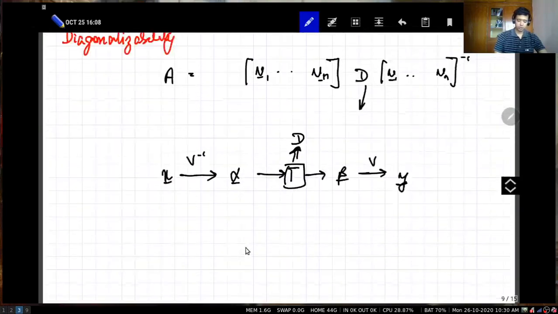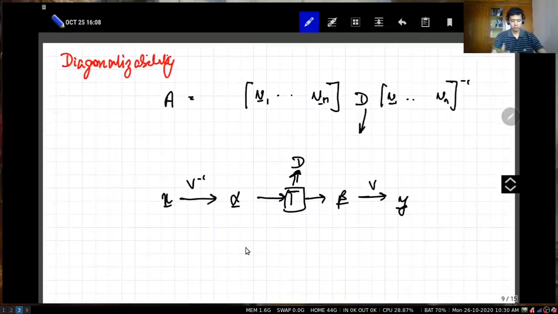So this is another way to view diagonalizability in terms of a change of basis, right?